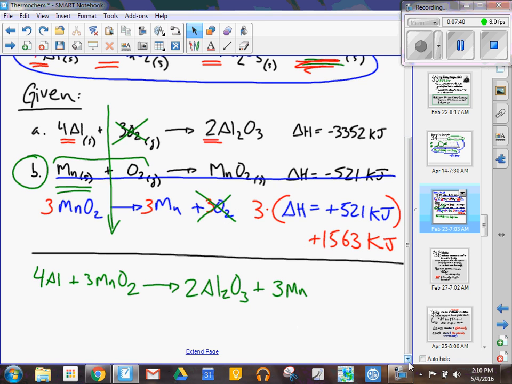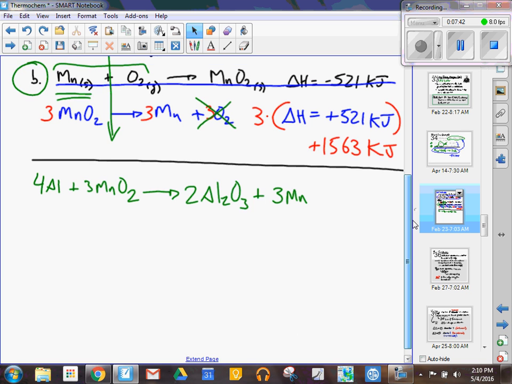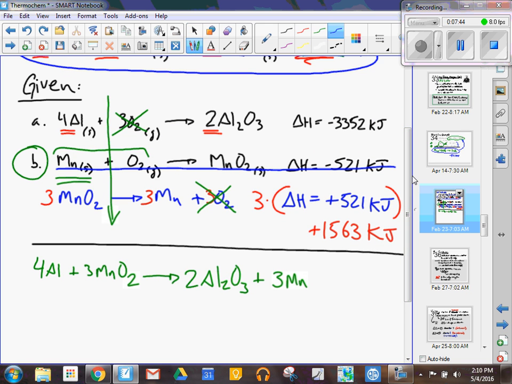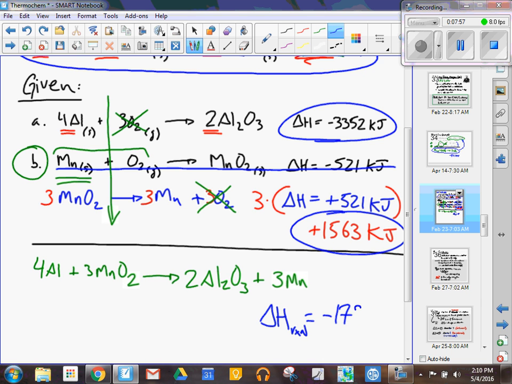Let me scroll down. Okay. And now I can add up these two heats. I have a negative exothermic part, and I have a positive endothermic part. And that's just fine. When I add those two together, I end up with a delta H of reaction, which is negative 1,789 kilojoules.